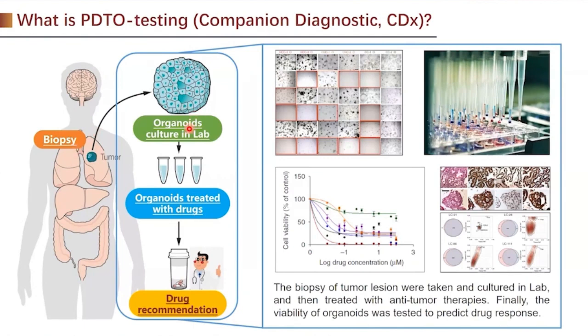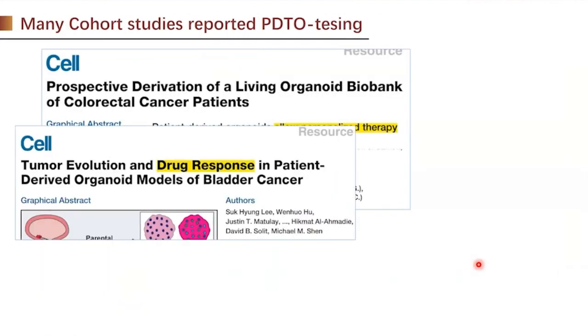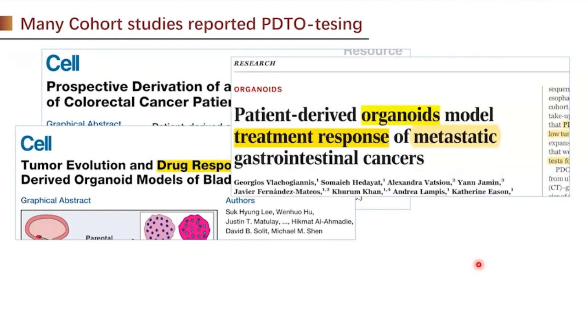Once we receive the specimen, the tissue is dissociated into a cell suspension and cultured, and the established organoid colonies will be treated with anti-tumor therapies, and the viability of the organoids will be tested to predict the drug response. Many cohort studies have reported that PDTO testing is a very promising CDx for anti-tumor therapy.